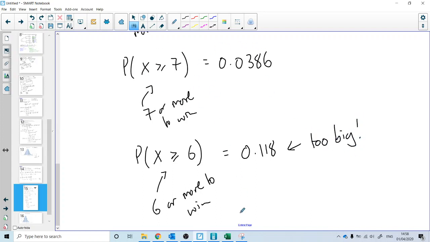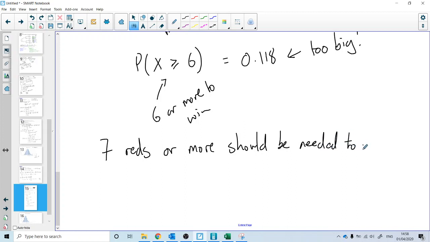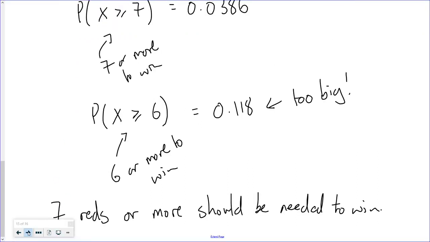So we're going to have to say that 7 is the number of reds needed to win the game. So let's conclude in context. 7 reds or more should be needed to win the game.